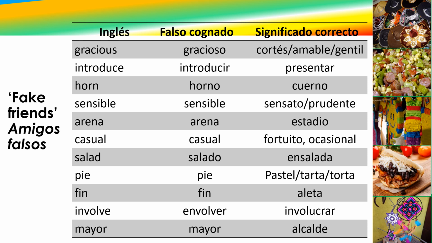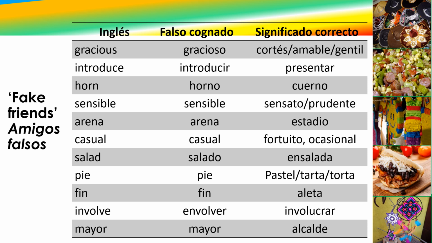No, the correct word is sensato or prudente. Sensible actually means sensitive, right? Arena, arena, no. Estadio. Arena means sand.